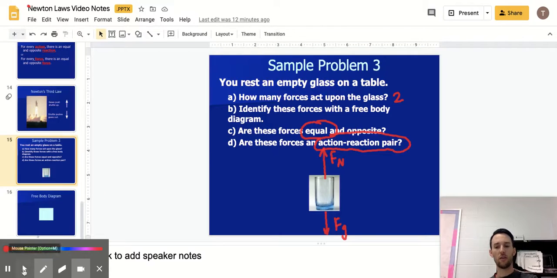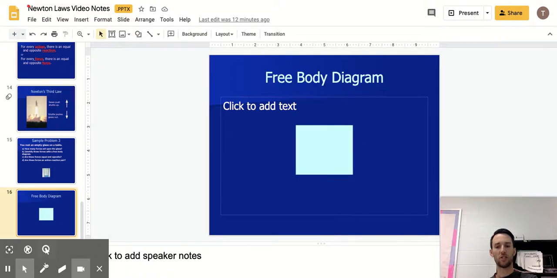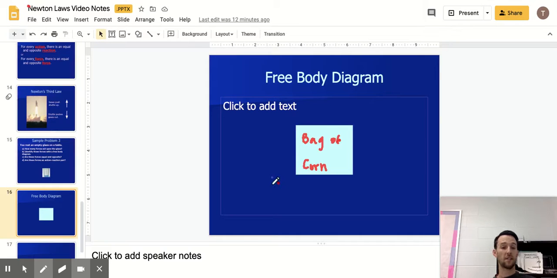Now, I'll give you one more example of a free body diagram just to show you a couple of different things. Okay, I was out at my deer lease this weekend, so let's say that this is a bag of corn. I'll use that as an example. Now, I needed to pick up the bag of corn in order to pour it into the deer feeder. So what I needed to do is lift this bag of corn.